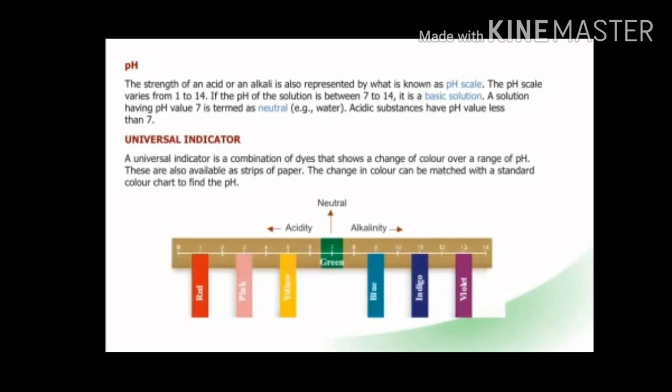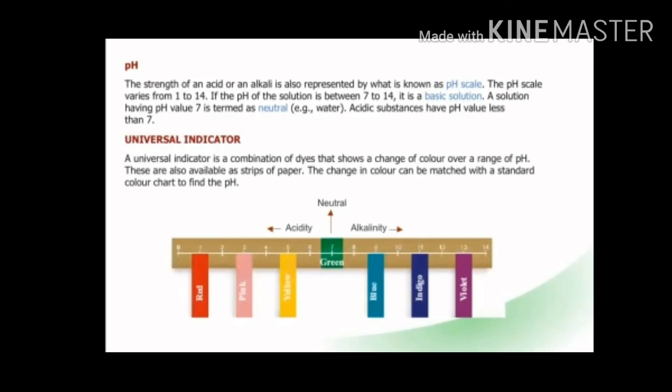Now, in the figure, different colors are given. If the color is green, then it is neutral, and yellow, dark pink and then red show the acidic nature. And if we move towards the right hand side, the color changes from green to blue and then dark blue and then purple.